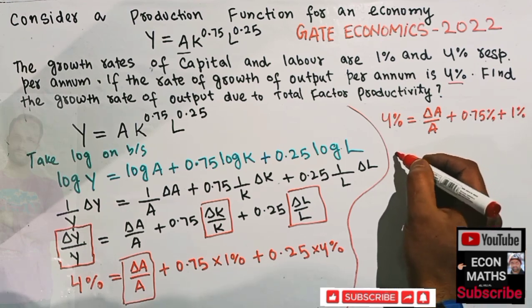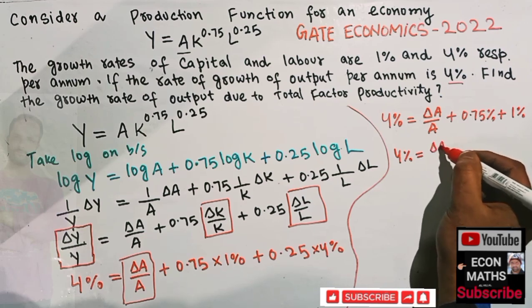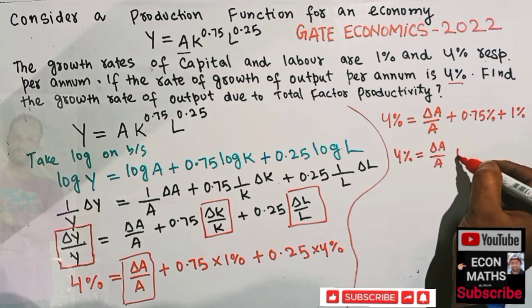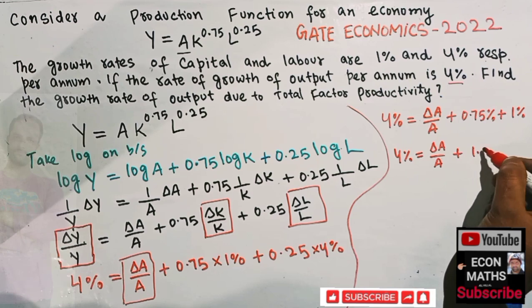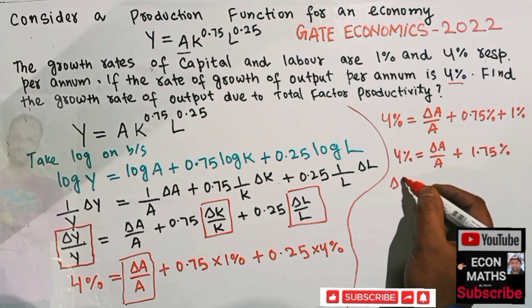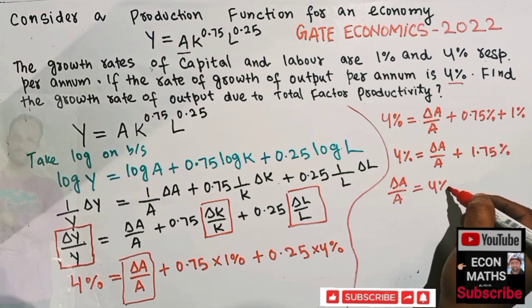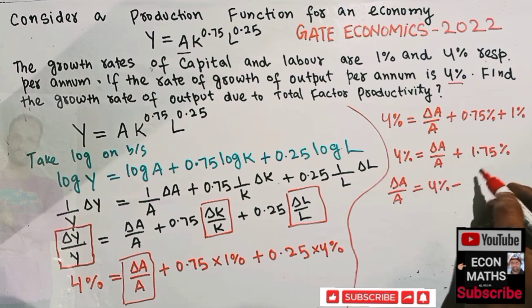Or we can write it like this: 4% is equal to del A upon A plus 1.75%. So del A upon A is equal to 4% minus 1.75%, as it gets subtracted when transposed.